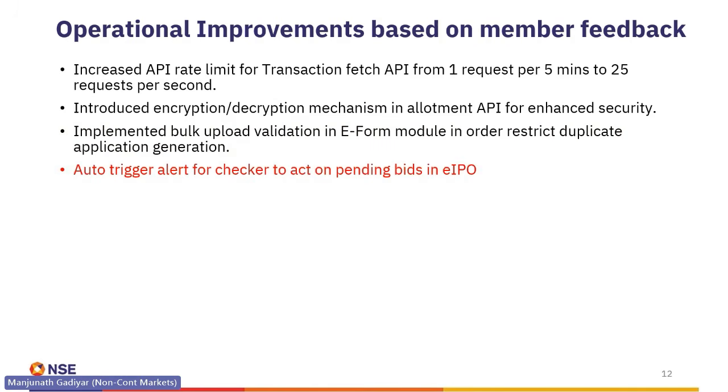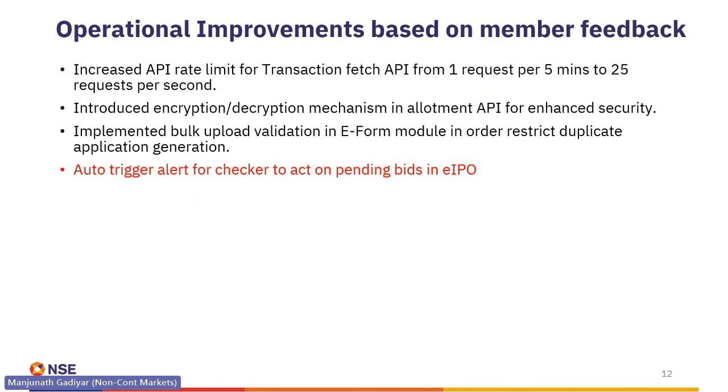Another functionality based on member feedback is an auto trigger alert for the checker to act on pending bids. There is a maker checker functionality in the eIPO platform, and many a time it happens that the maker sends the details to the checker, but the checker unknowingly doesn't act on that.